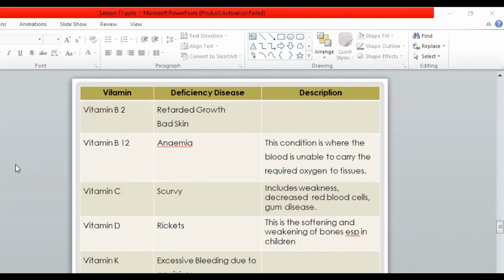Now, in vitamin B12, one of the most common deficiency diseases that a person may experience is anemia. Anemia is simply a condition whereby your blood is unable to carry the amount of oxygen that it normally does. It's not able to carry this oxygen to the different cells in your body.